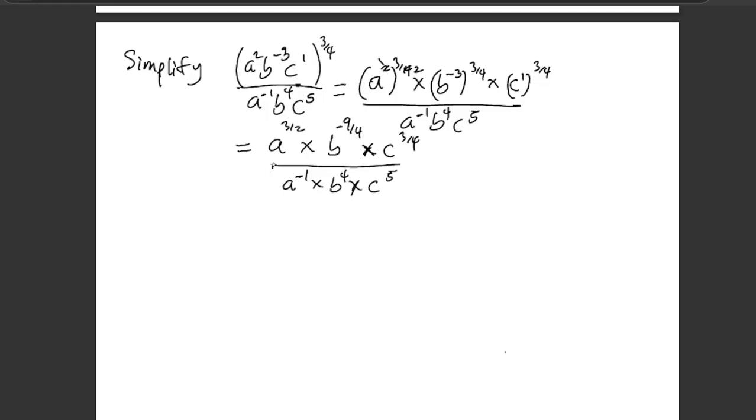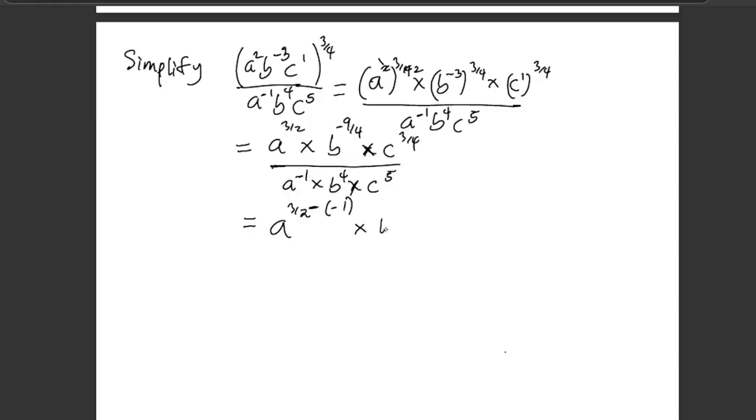We can see a is dividing a, b is dividing b, c is dividing c. We can apply the formula of indices that anytime you divide two numbers or letters with indices, you can subtract the indices. We subtract, say, a to the power 3 over 2 minus, but the power there is minus 1 also, take note of that.